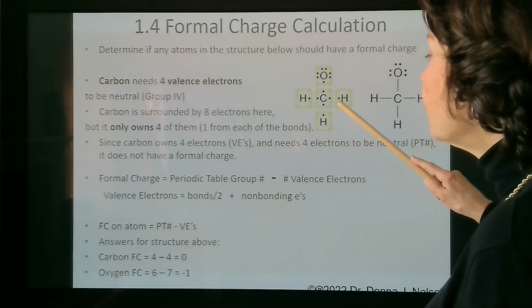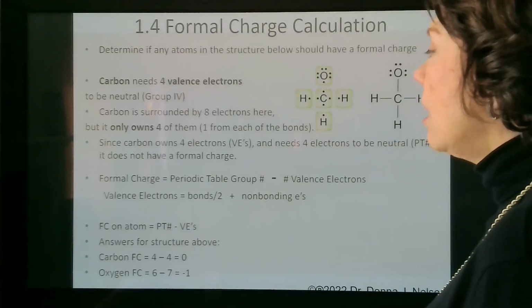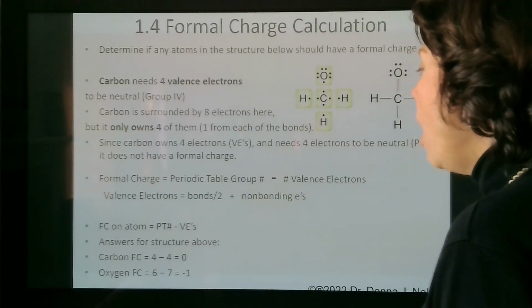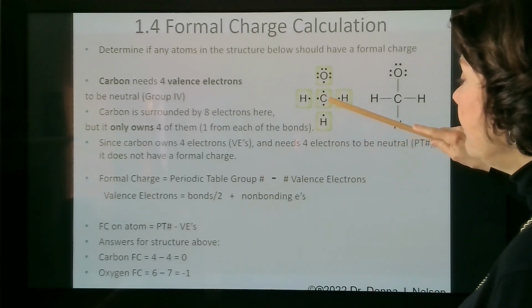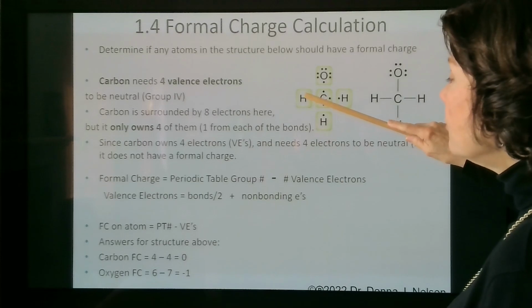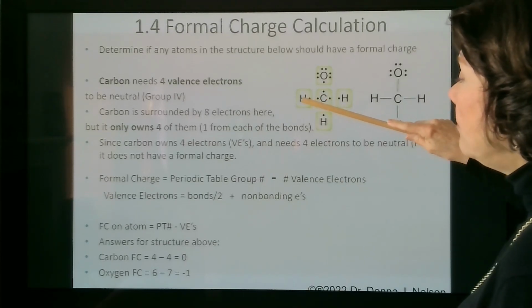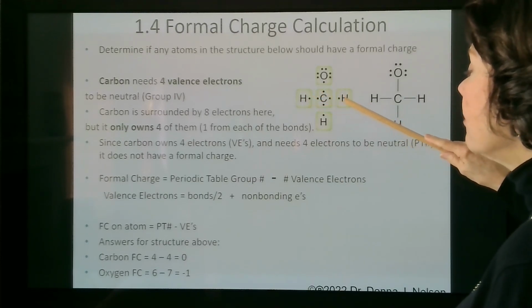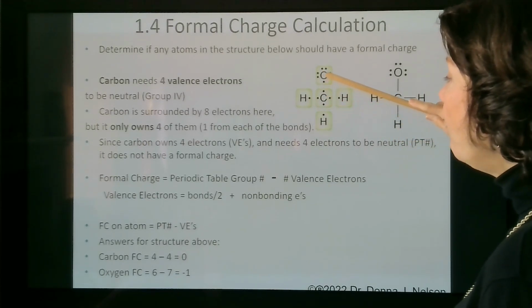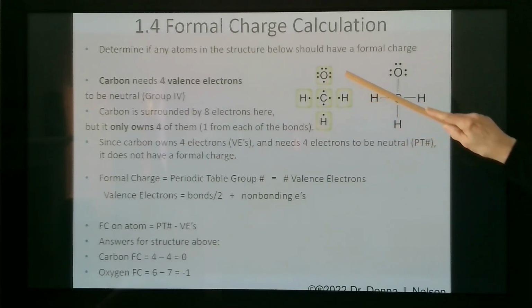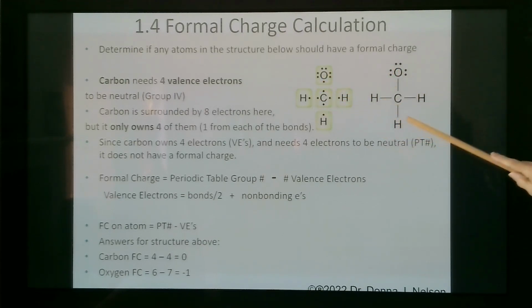However, here carbon is surrounded by 8 electrons, but it only owns 4 of them: 1, 2, 3, 4, because 1 electron actually belongs to hydrogen in each of these bonds, and here 1 electron in the CO bond belongs to oxygen. So this molecule is the equivalent of this molecule. Instead of showing the 2 electrons, I've just drawn 1 line to indicate 2 electrons.